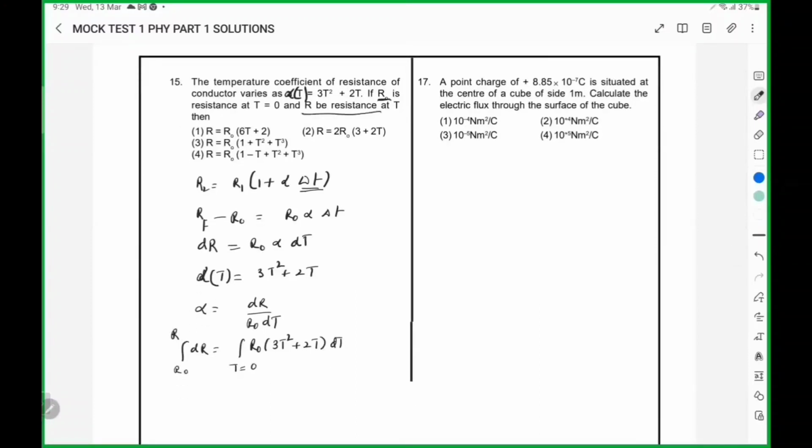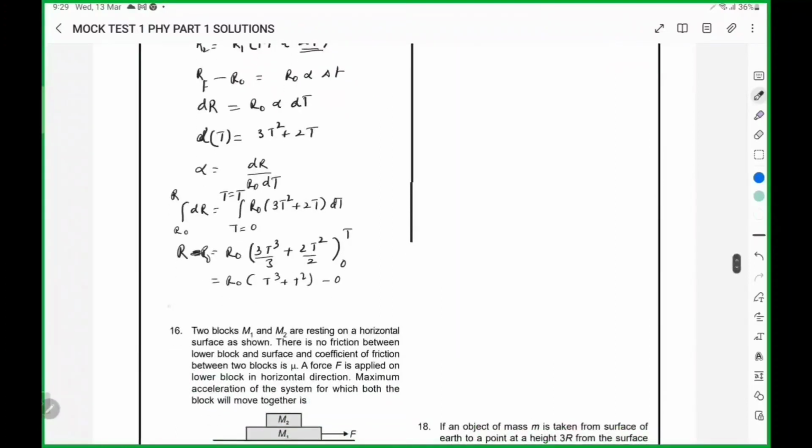He has given R as the resistance at T. So R is R naught times (3t cube by 3 plus 2t square by 2) evaluated between the limits, which is R minus R naught, that is R naught into (t cube plus t square) minus 0. So R is equal to R naught into (1 plus t square plus t cube).